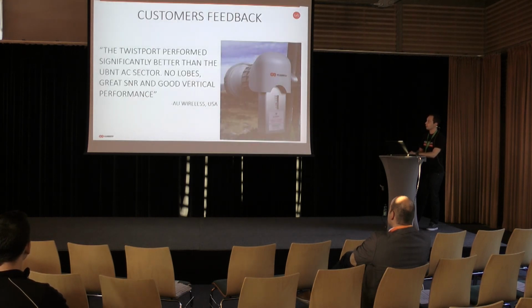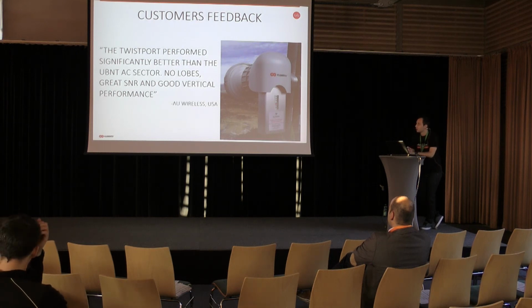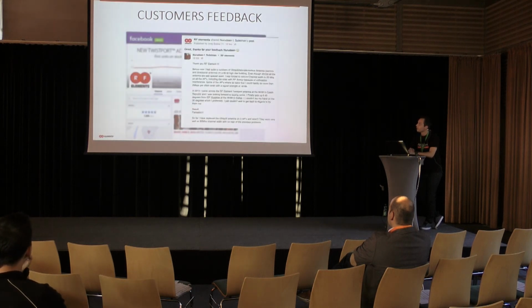This is another guy from the US. He also had some issues with the frequency, so that's why he decided to go with horns and Rocket 5 AC with port adapters. This is the guy from Nigeria. I never believed that in Nigeria they have such huge problems with interference, but I was so surprised when I got this feedback.